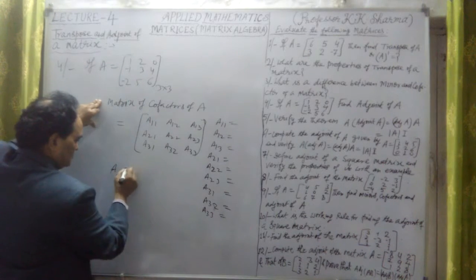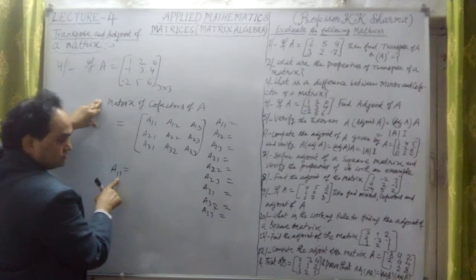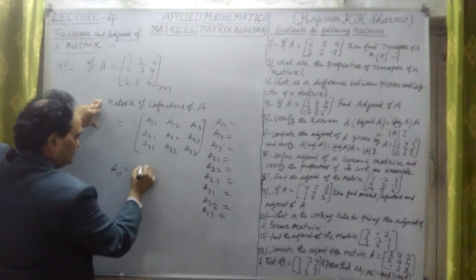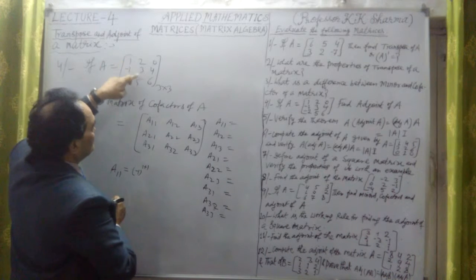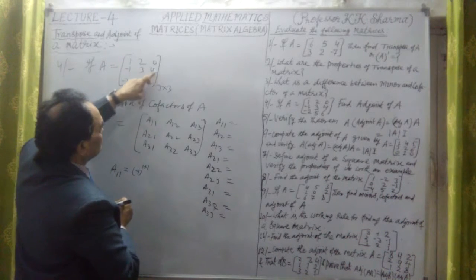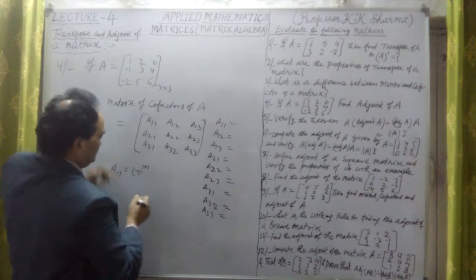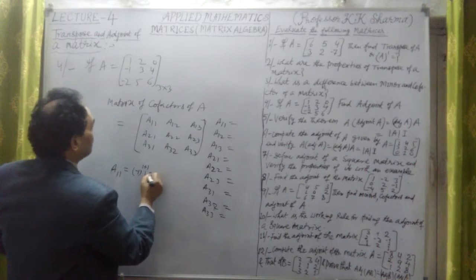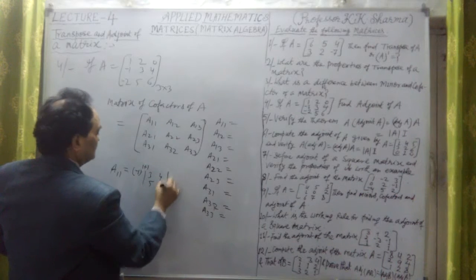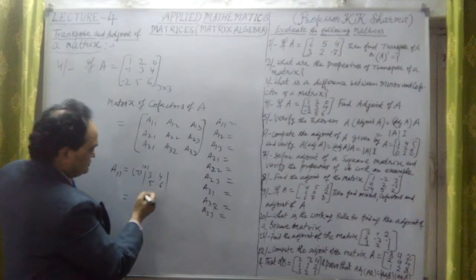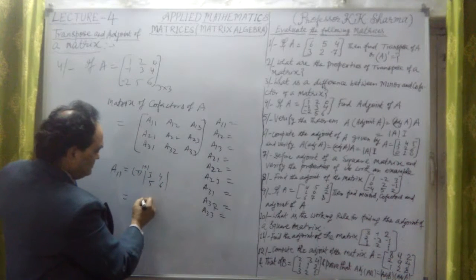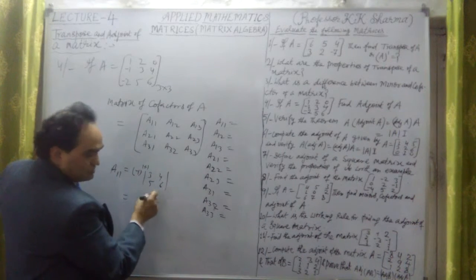Okay, so A11, let me take. This is positive value because minus 1 raised to 1 plus 1 is positive. So the remaining matrix is 3, 4, 5, 6. Let's calculate this. Minus 1 to the power 2 is positive. Determinant, how will you calculate?